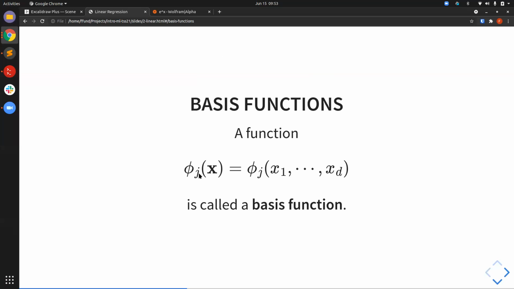So let's say a function phi sub j of x is equal to that function with the entire x vector as its input. And we're going to call it a basis function.